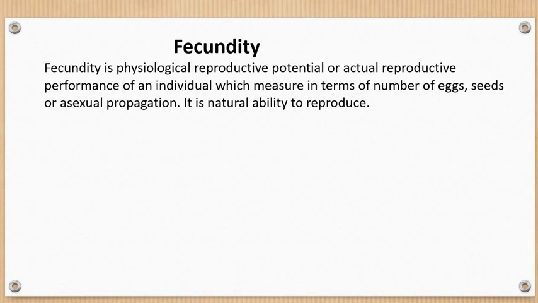Fecundity is nothing but the natural ability to reproduce, or in a simple way, the physiological reproductive potential of an individual: the maximum the individual can reproduce, the physiological capacity of the individual for reproduction, is said to be the fecundity.